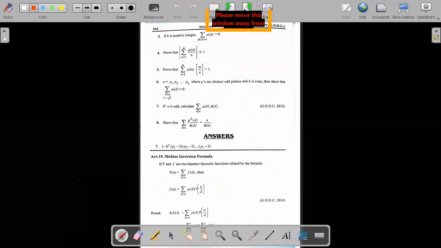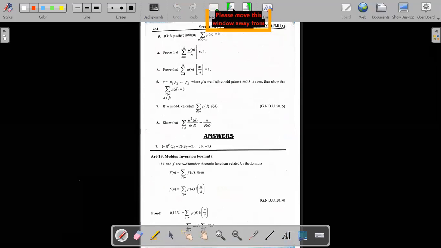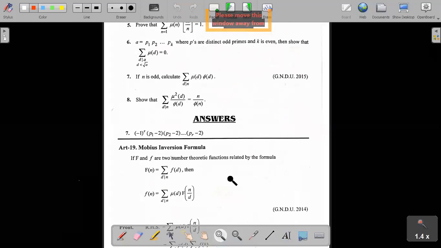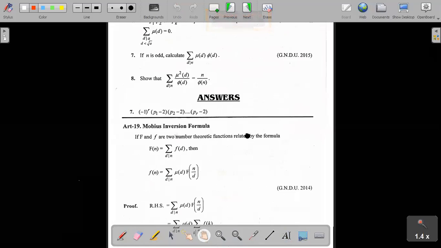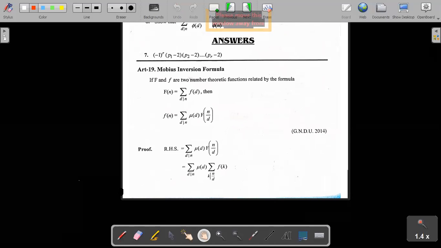Okay. Now this is very important from examination point of view. Mobius inversion formula. कई बार directly आ जाता है state and prove Mobius inversion formula, right? So what this formula says, कि अगर मेरा small f की help से मुझे capital F मिल रहा है, so you see if capital F and small f are two number theoretic functions, so number theoretic function means वही arithmetic functions जो हम कर रहे हैं.